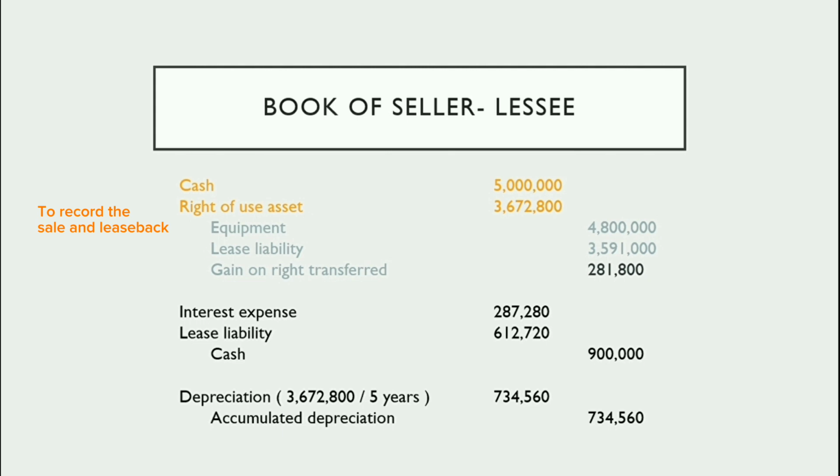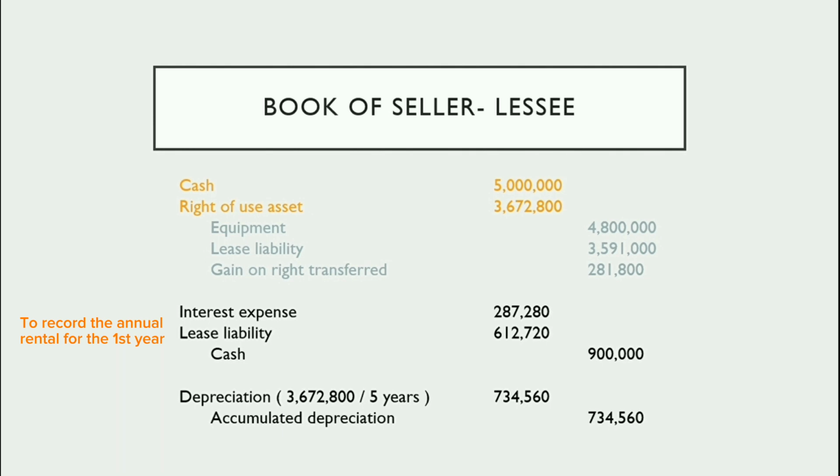Then, i-subtract yung total ng credit side sa debit side. Result to 281,800. So, that's our gain on right transferred. Pero maliban sa T-account, na-solve naman natin yan kanina yung gain to be recognized. Diba? Yan yung 281,800.